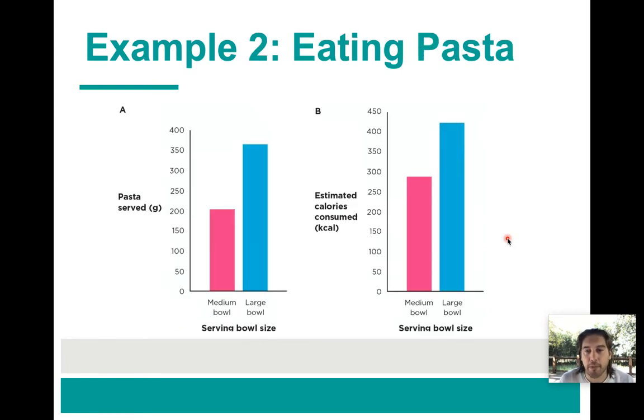A second example is you've probably heard about this. It got a lot of press when this came out. Oh gosh, when was this published? I don't know, maybe early to mid 2000s, something like that. What this experiment did was have people come into the lab, presumably doing something else, right?